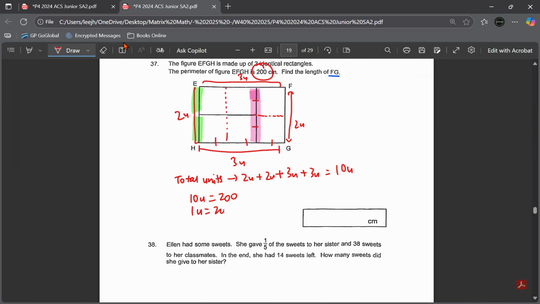For 1 unit, 200 divided by 10, 20 cm. But I want to find FG, and FG is 2 units. So 2 times 20, 40 cm. That's your answer. Wait, I write this properly. This is 20, yeah.